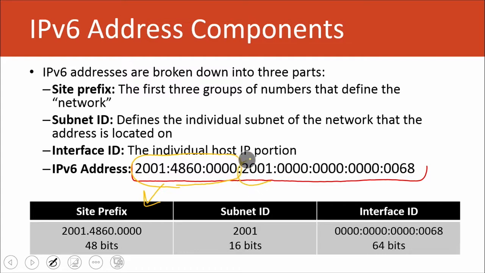Then we have a subnet ID, which seems much simpler than our subnets with IPv4, right? Maybe not. Then we have an interface ID, which is the actual host portion of the address.